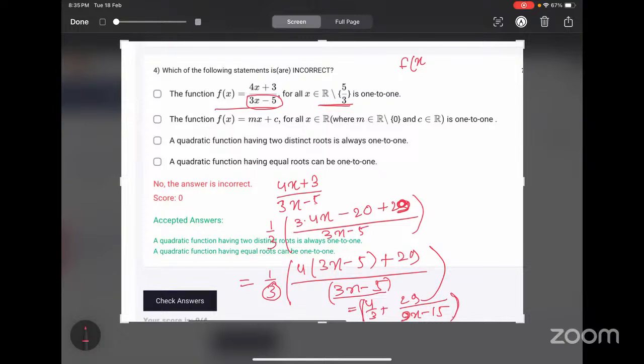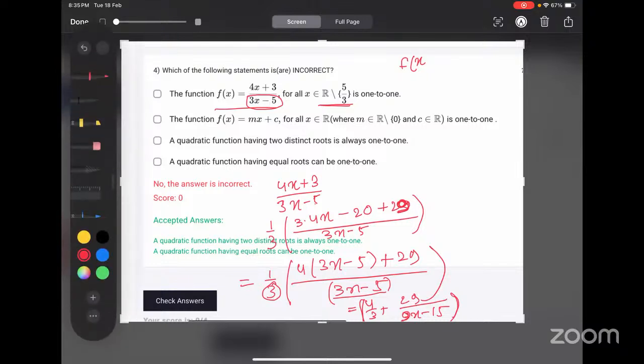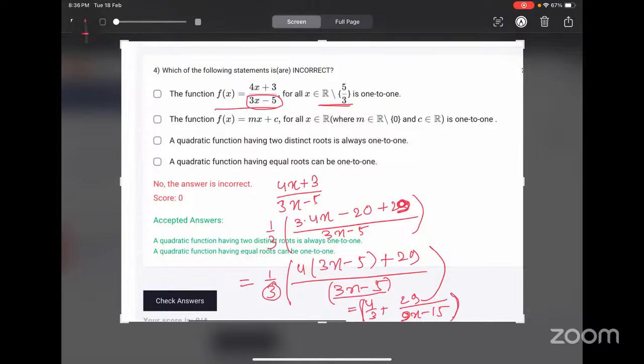Okay. Now let us take, as per the definition, x1 is not equal to x2. We will take f of x1 equal to f of x2. We want to prove it one-one, so in the end we have to prove x1 equals x2.